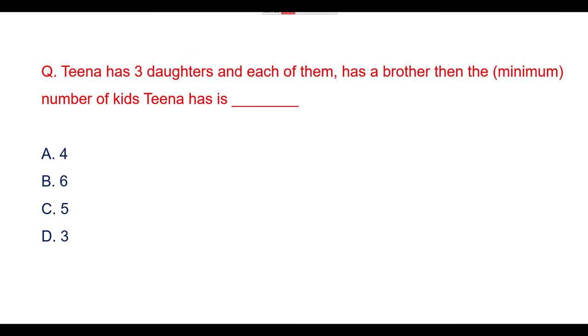Then the minimum number of kids Tina has. 4. Okay, so Tina is having 3 daughters. Each of them is having a brother. So one male person sufficient. So 4 is the answer. 4 kids. So it's like 3 daughters and 1 son. Then that condition will be satisfied. Minimum number of kids.